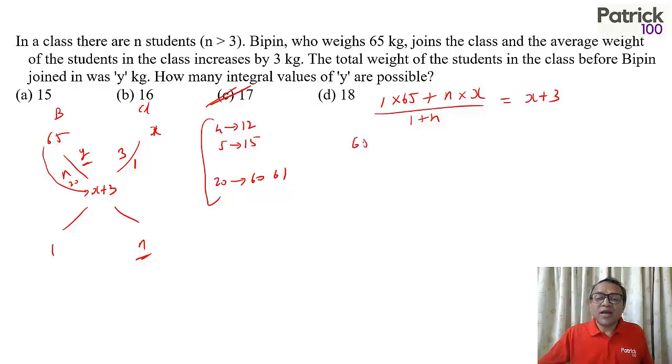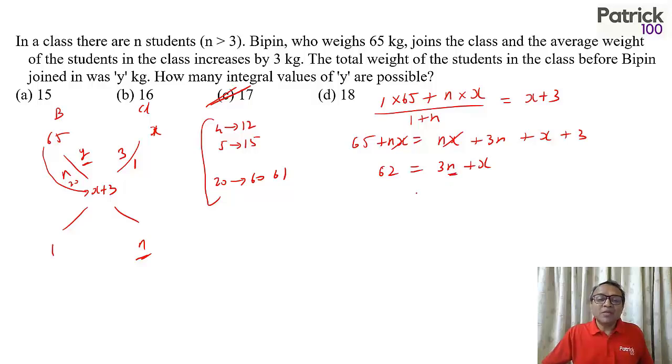Solve this. 65 plus NX is equal to 1 plus N into X plus 3. If you expand, it will be NX plus 3N plus X plus 3. NX and NX will get cancelled. So you can make out that 62 is equal to 3N plus X.